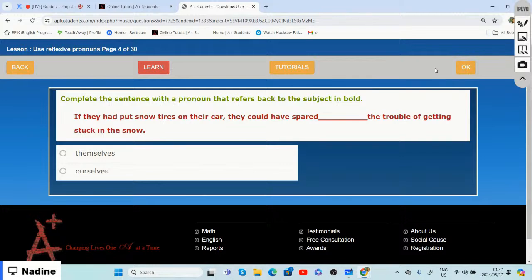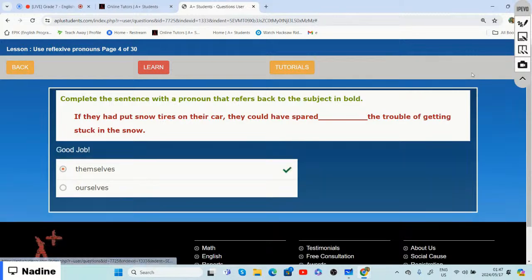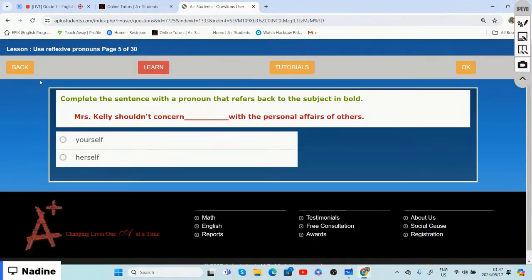If they had put snow tires on the cars, they could have spared themselves the trouble of getting stuck in the snow. All right, so that is basically some of our reflexive pronouns.